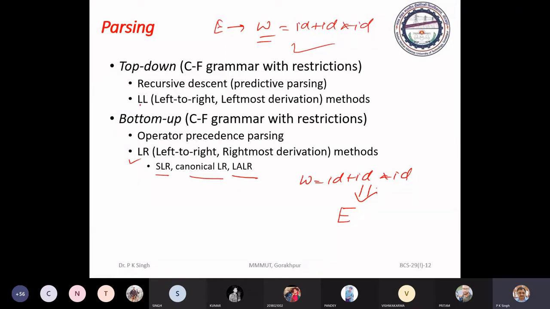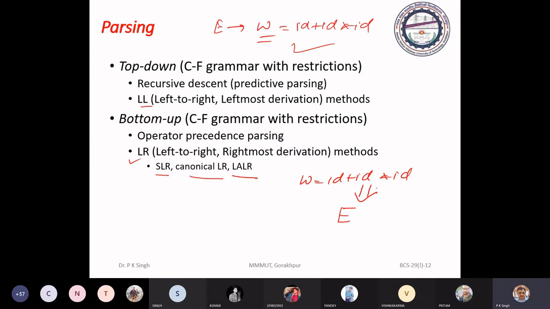What is the meaning of LL and LR? Actually, LL means scanning of the input string from left to right for leftmost derivation. In LL, the first L is scanning of the string to be parsed from left to right, and the second L is for leftmost derivation.